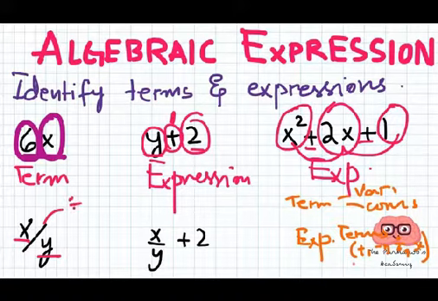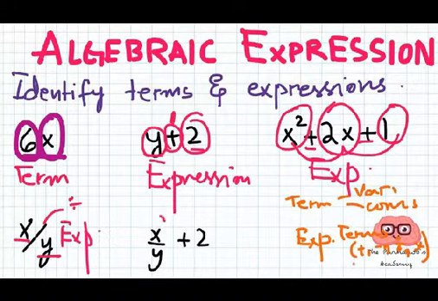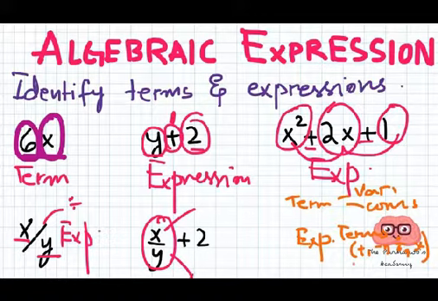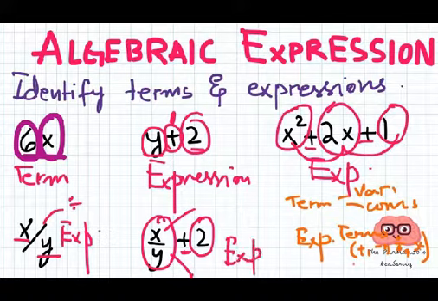Since we have an operator in the middle of it, this is also an expression. Now let's see this one. We have x upon y, a term divided by a term, and then we have a plus operator which is then added to 2, so this is also an expression. I hope you get the idea of term and expression.